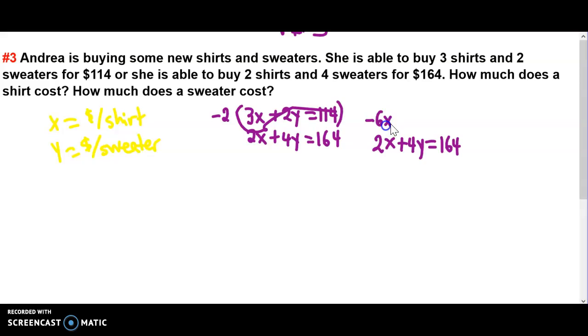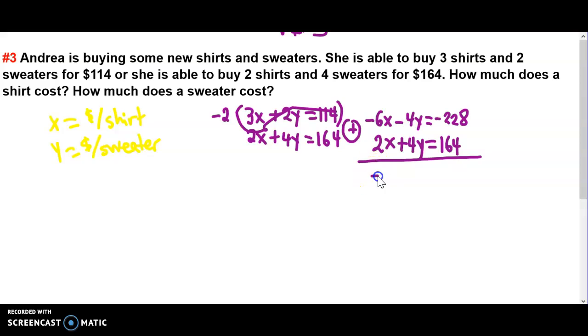Negative 6x minus 4y equals 114 times negative 2. Negative 228. And at this point, I have opposite y, so I'm ready to eliminate. So because I have opposites, I'm going to add. Please remember about elimination and the steps. We cannot forget what we have learned.